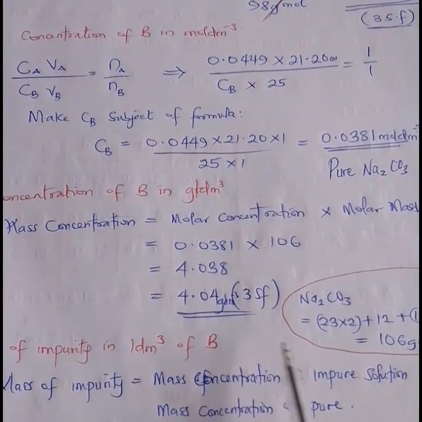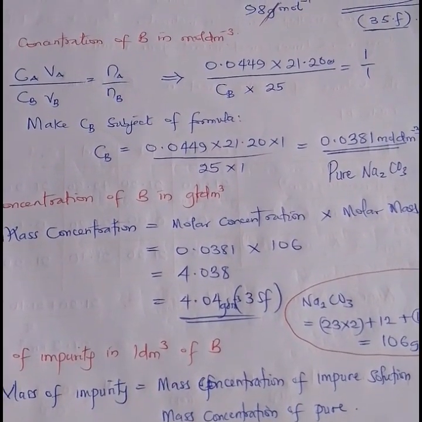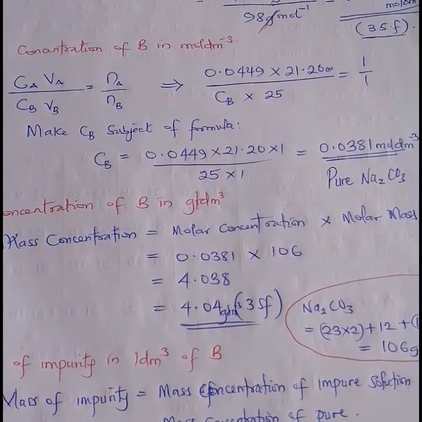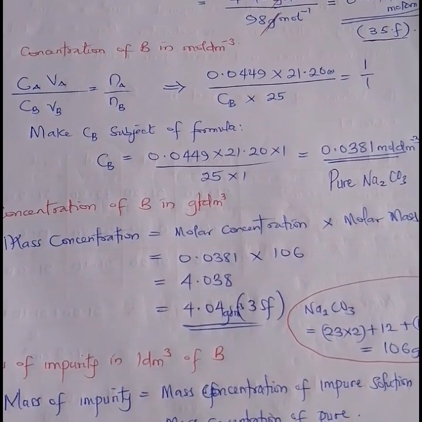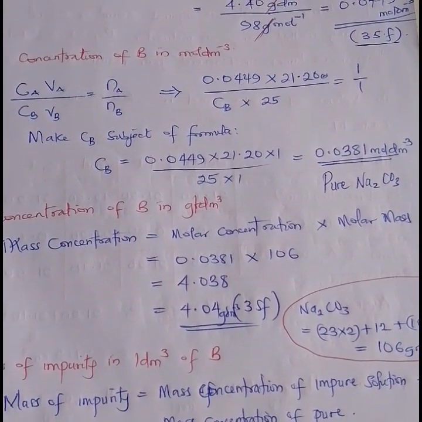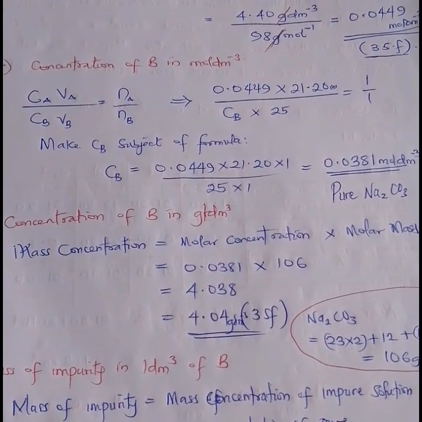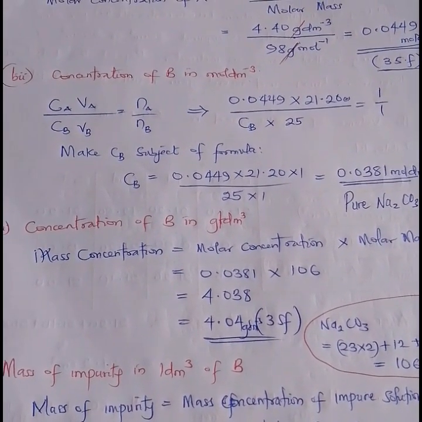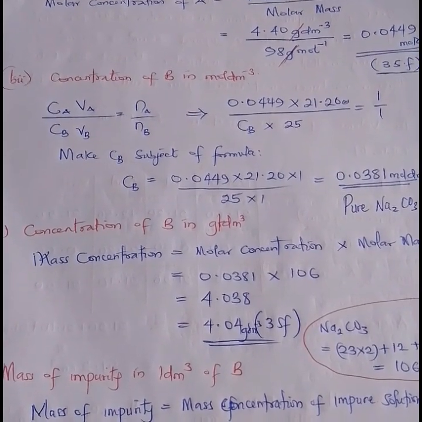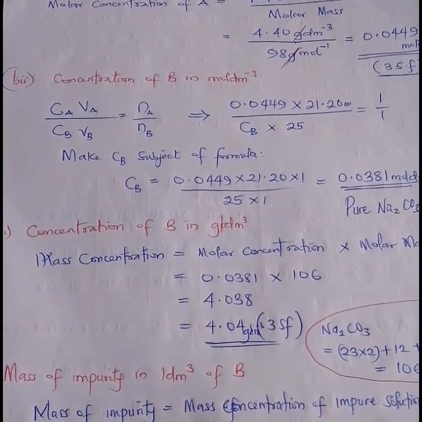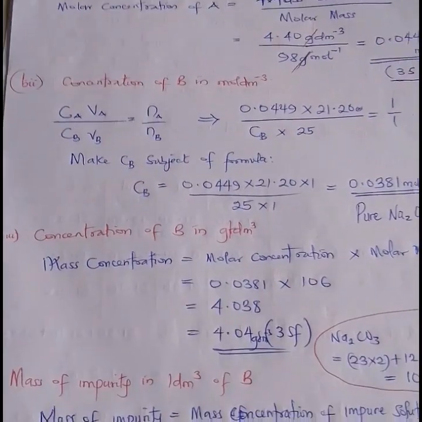Therefore, 7.50 grams per dm cube minus 4.04 grams per dm cube will give us 3.46 grams in 1 dm cube. All right, 3.46 grams. That is the mass of impurity in the solution of B.